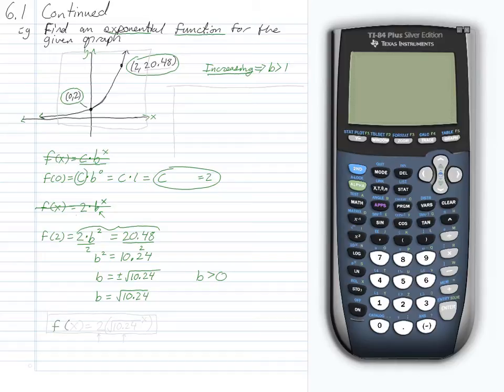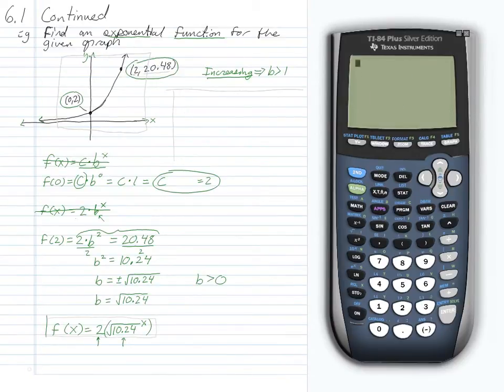We can say f of x equals 2 times the square root of 10.24 to the x. And I sometimes like to put parentheses around the basic exponential part of things so I can see what my constant is and what my actual base is. And I don't get mixed up about which part or which parts are being raised to the power.